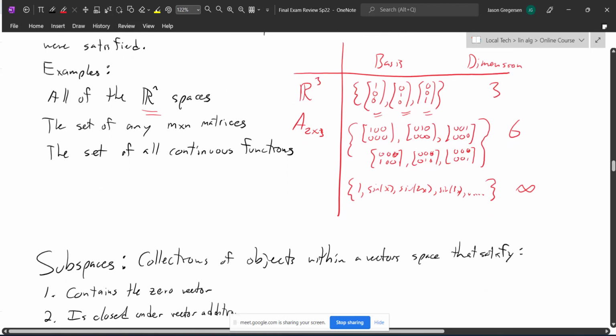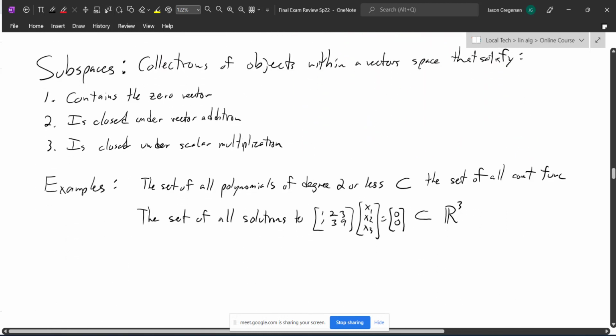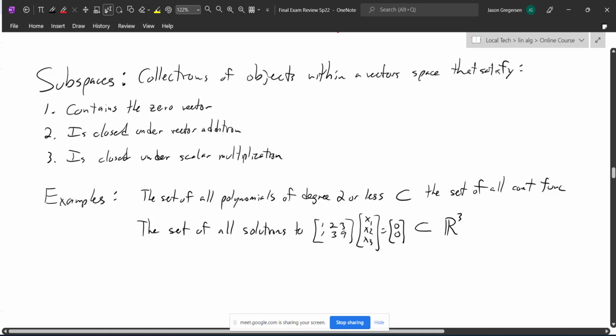Now in our course, we really didn't focus on showing that collections were vector spaces by satisfying all 10 properties. Rather, we said, if we already know that we have a big vector space and we're focused on a little subset of it, could we show that the subset is a vector space by itself? That would be a subspace. To show that a subset is a subspace, we only had to check 3 properties, much easier than the 10.